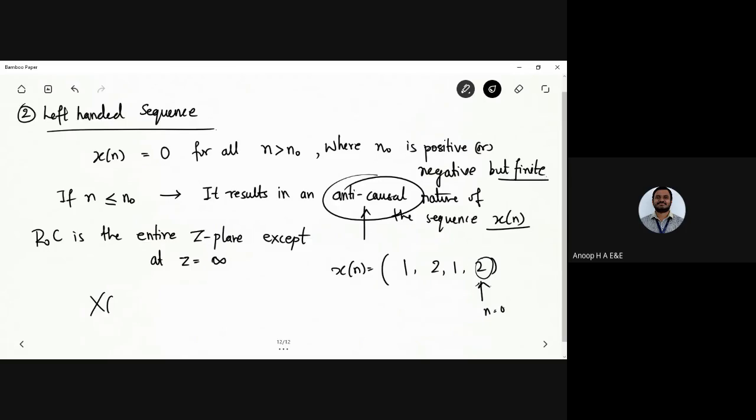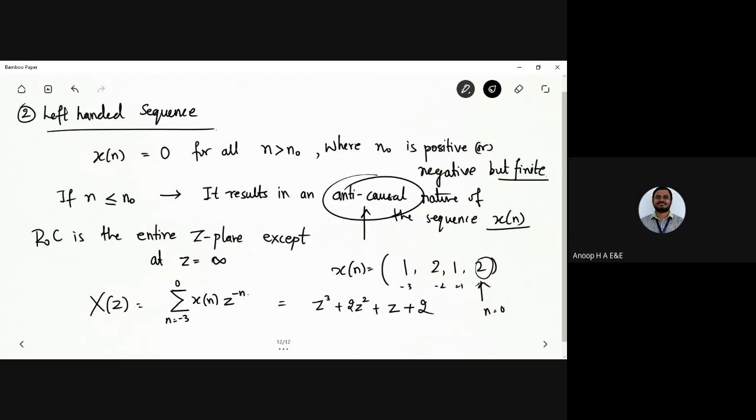Now if I want to define X of z, that would be the summation, from n equals -3 to 0, of x of n z power -n. Here this is -1, -2, and this is -3. So if I write it like this, I will have z cube plus 2z squared plus z plus 2.